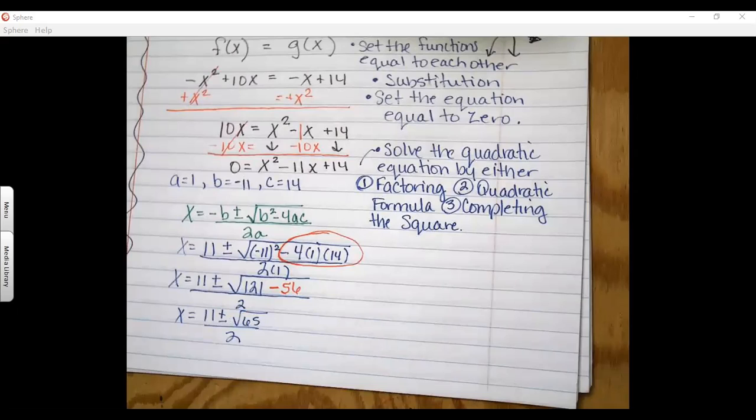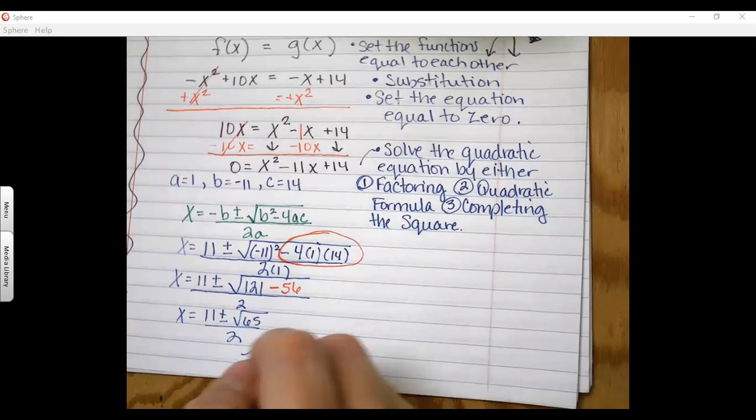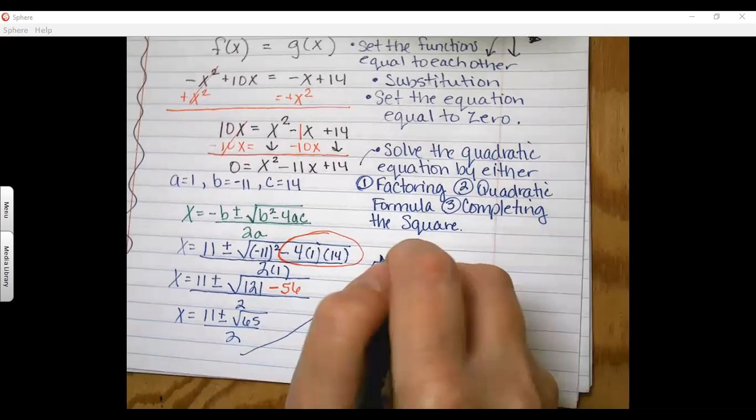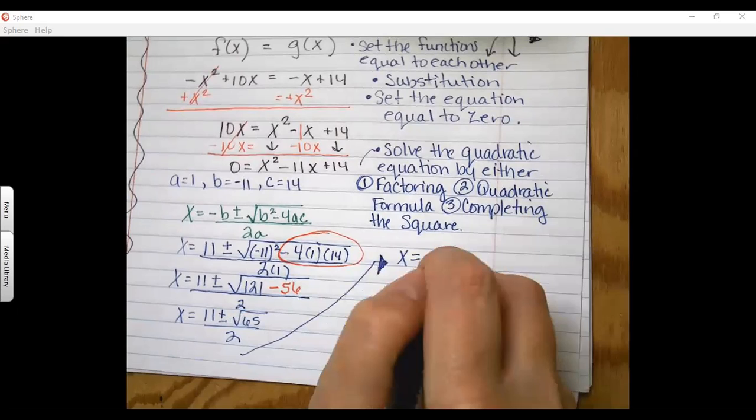And I don't know where that is on my graph. I don't know where 11 plus the square root of 65, quantity divided by 2, is on my graph. So I am going to convert the square root of 65 to a decimal. I know 65 is not a perfect square, so I have to use my calculator. So x equals 11 plus or minus the square root of 65.